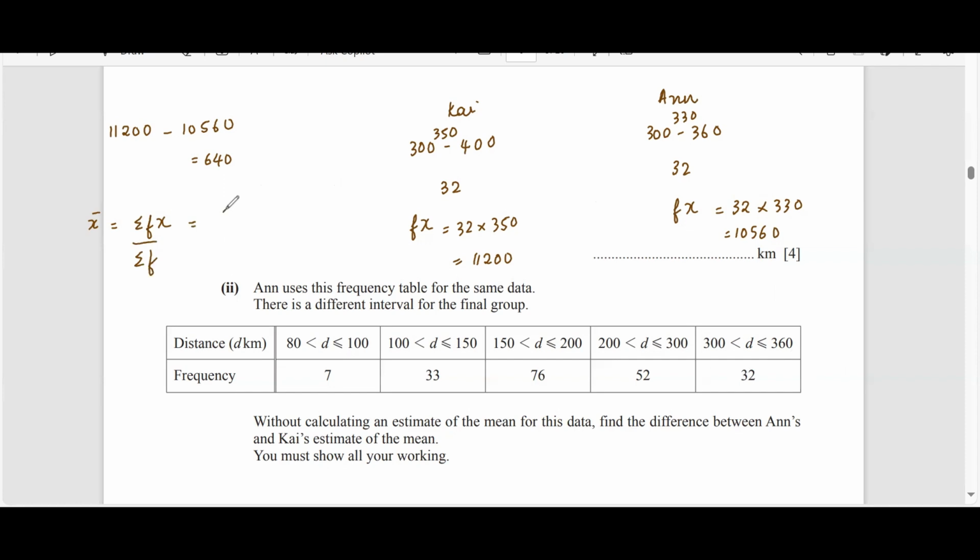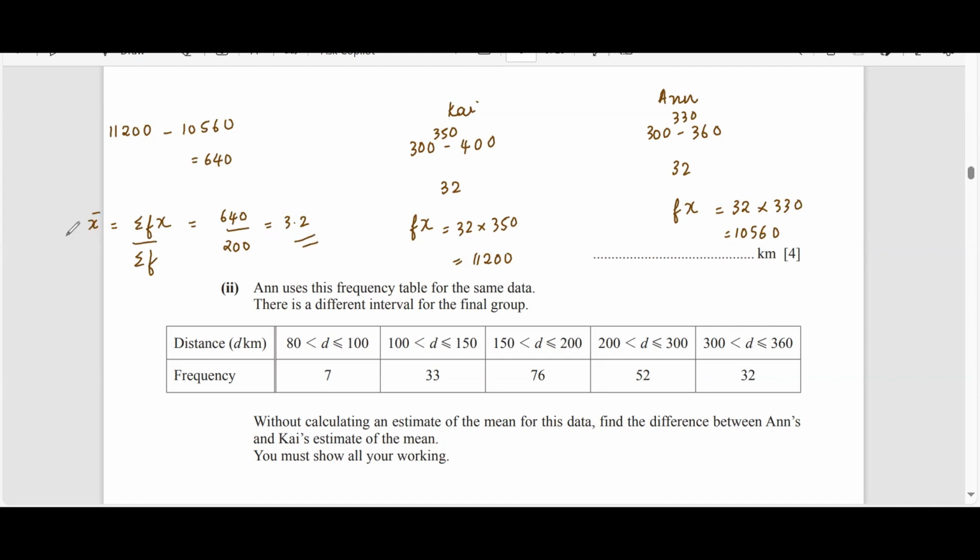So that is 640 divided by sigma f, which is 200. Sigma f was 200, isn't it? Because when we add up the frequencies, we get 200. 640 divided by 200 will give us 3.2. This will be the difference in their estimate of the mean. 3.2 will be the final answer.